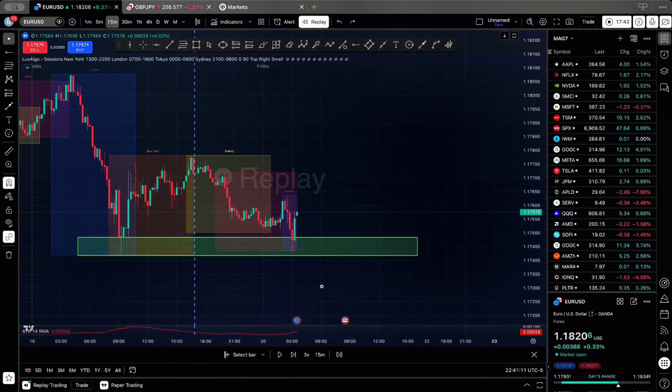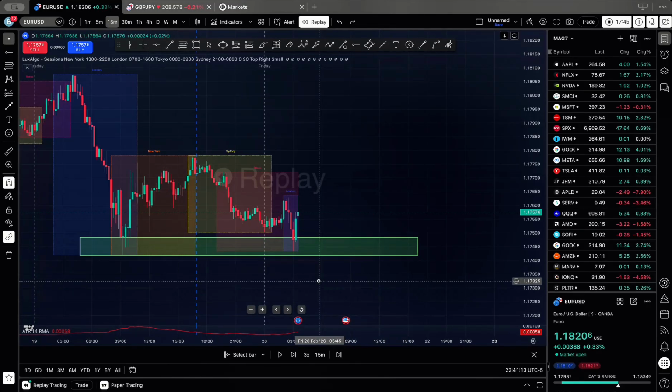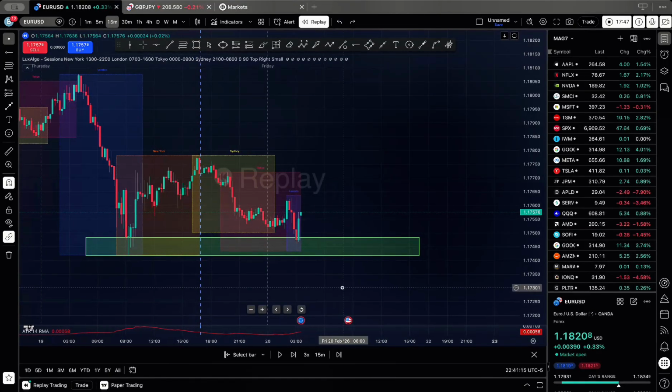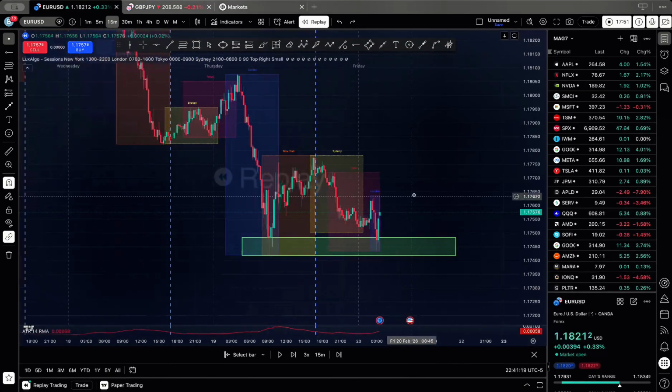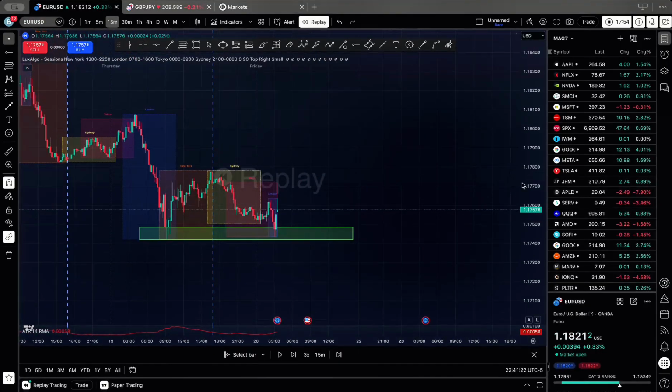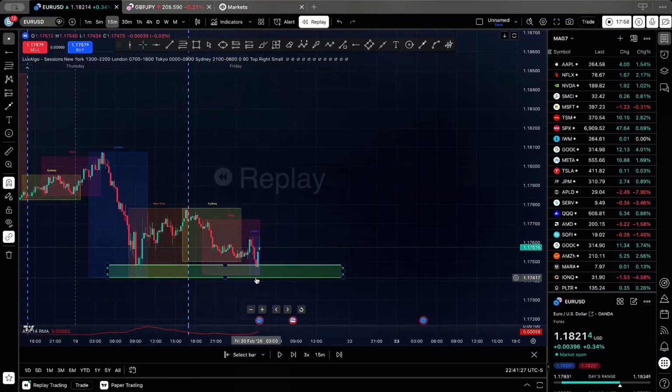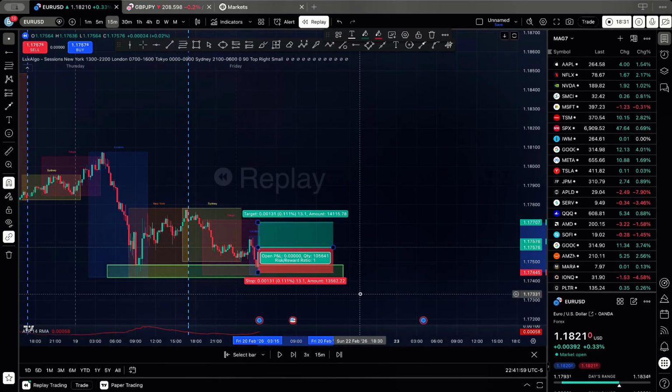Okay? Now, based on your risk tolerance, we can place our entry. I enter the market, I take the long position here, and I place it just right here, at the highest wick of this candle here.